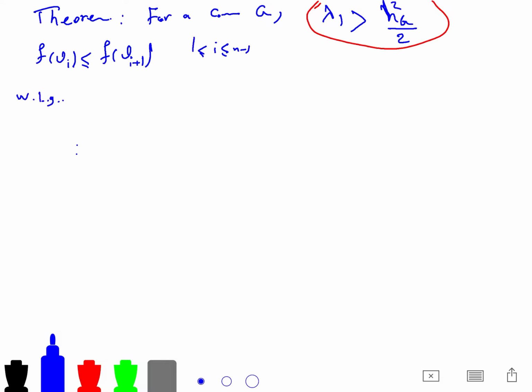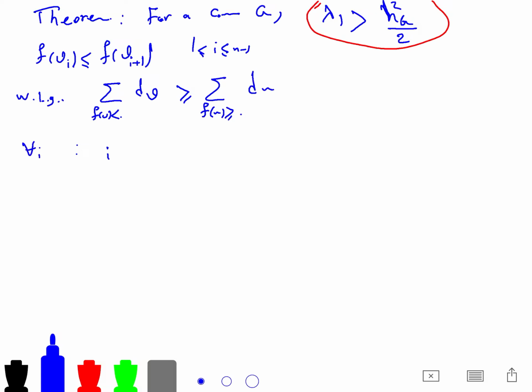Without loss of generality, assume the sum of d over the vertices where f is negative is greater, as I pick it.